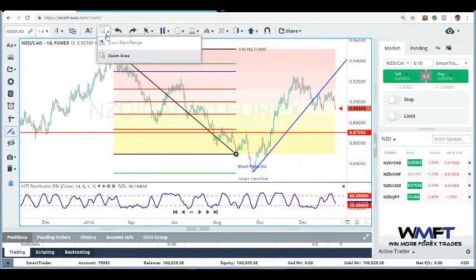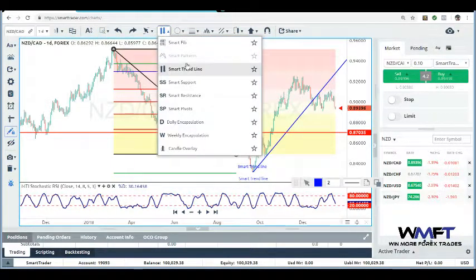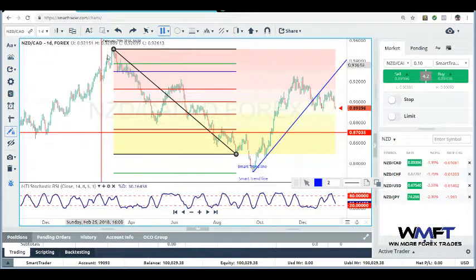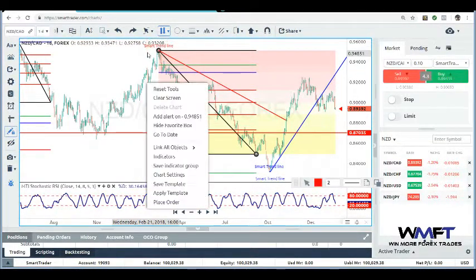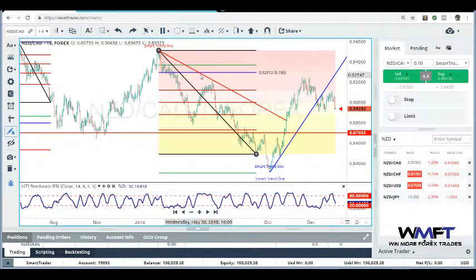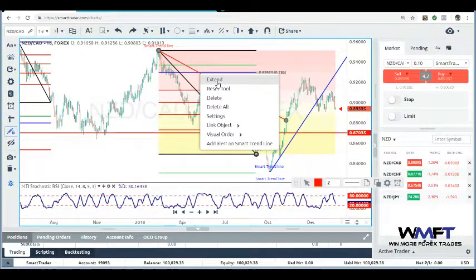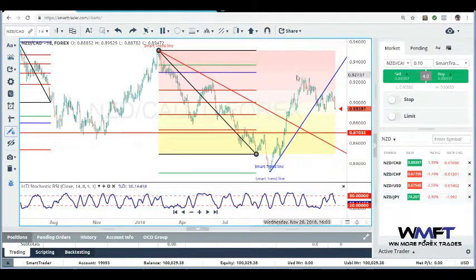Matter of fact, let's pull that small trend line up here if I can get to it. Like to make that red. And right there you can see where that downtrend line was broken. But now we have this uptrend line that has been broken.